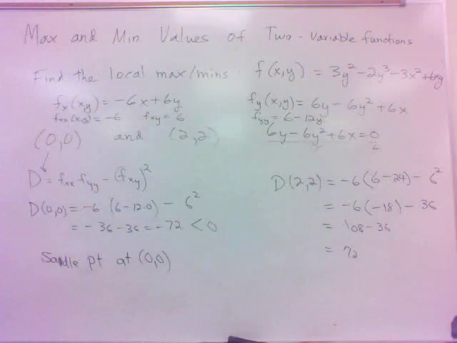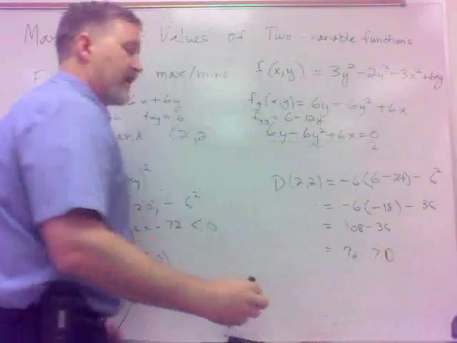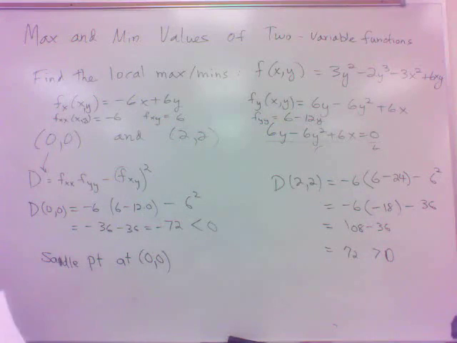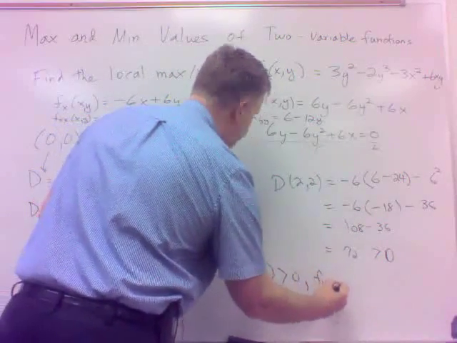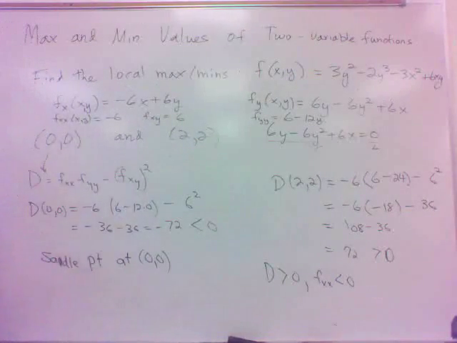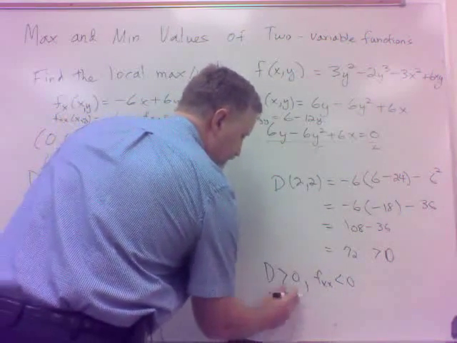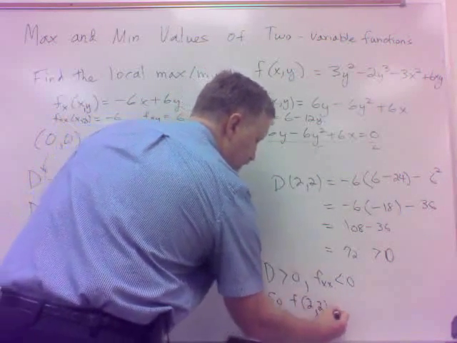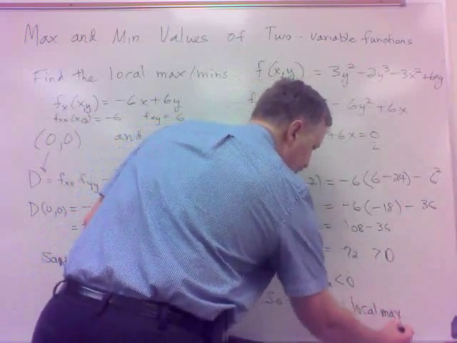Let me finish it. So that's greater than 0. And so we either got a local max or min. So you go back to fxx. You got D is greater than 0, fxx is less than 0, which is concave down. So it's a max. Okay.